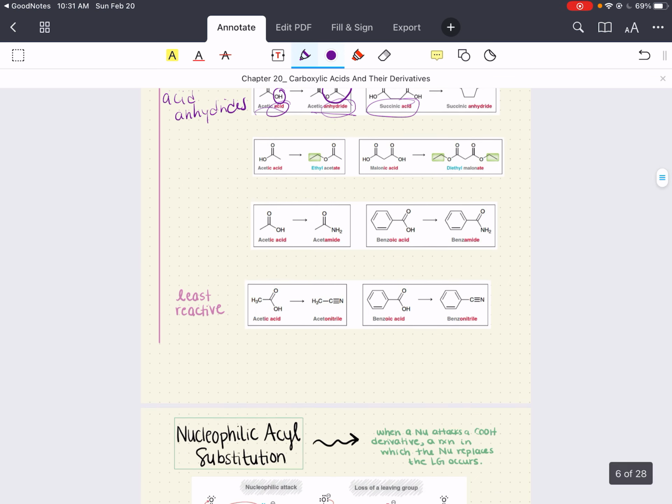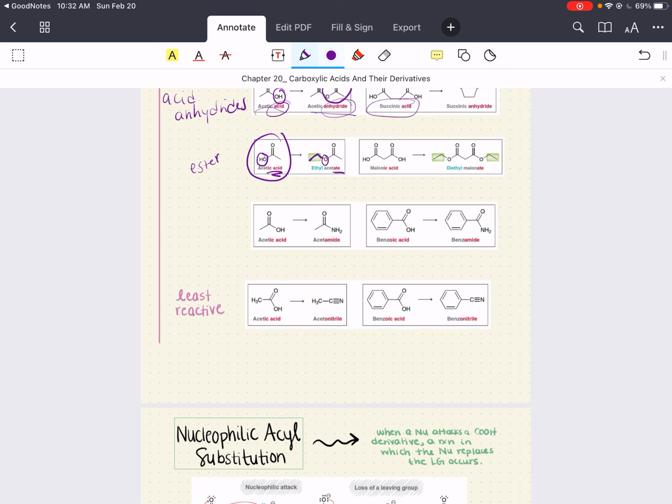Now for esters. Esters are named by first indicating the alkyl group attached to the oxygen, followed by the carboxylic acid name, for which the suffix -ic we're going to replace with -ate. So this is acetic acid. We're going to replace this OH. We're going to keep the oxygen, but we're going to add some alkyl group here.